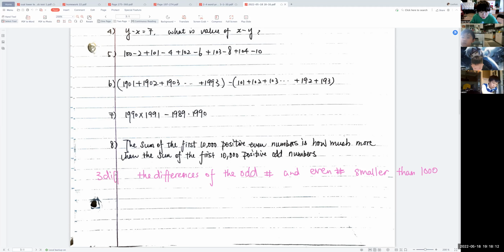I'm going to use 3-digit numbers. The differences of the odd 3-digit numbers and the even 3-digit numbers, which are smaller than 1000. Yeah, so odd and even, not even and odd.